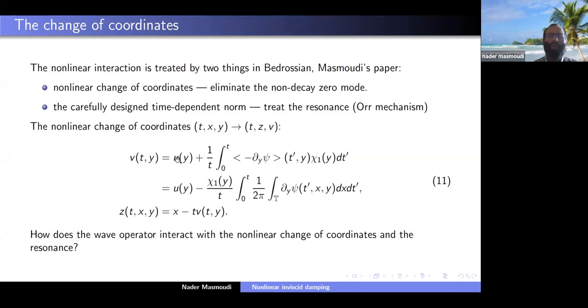Like we correct by u of y, we have to correct also by that part of the nonlinear velocity. This is just a cutoff in y. The reason we can put cutoffs like this is because the vorticity doesn't touch the boundary, because we started away from the boundary and we want to make sure that we stay away from it.